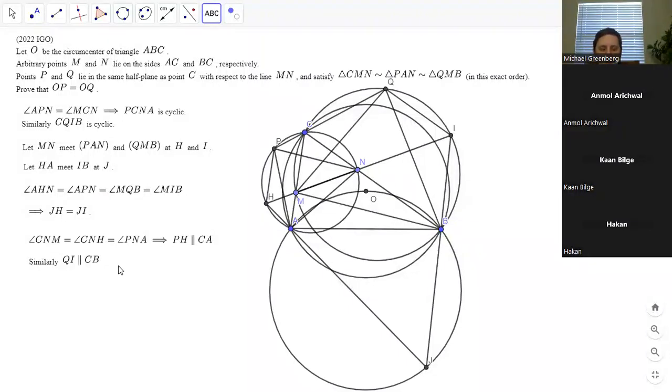Okay. And now we are going to show OP, by symmetry, OP equals OH and OQ equals OI.